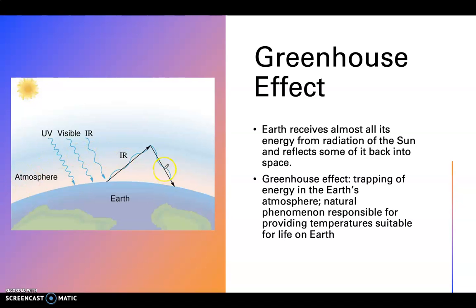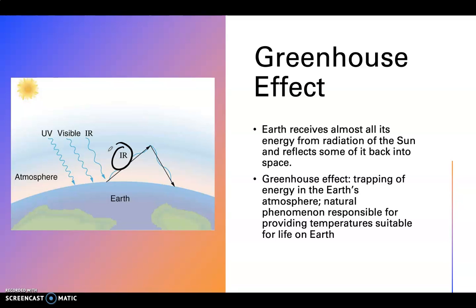The atmosphere traps the infrared waves: they reflect off of Earth, hit the atmosphere, and reflect back. This is how the Earth is able to warm the surface, trapping this energy in the atmosphere.